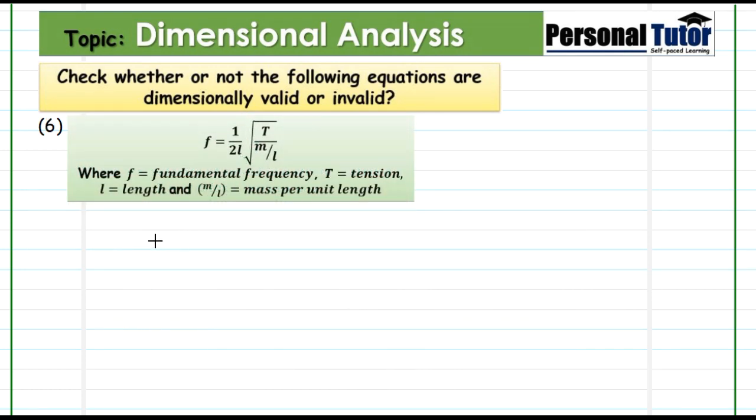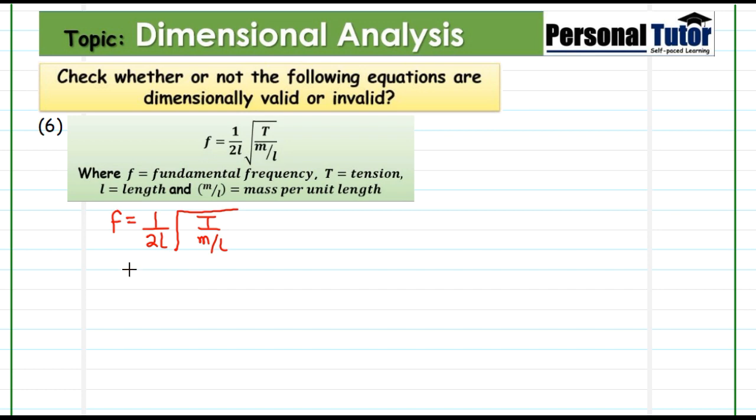Now, question number 6 and the last question in this series. The equation is F equals 1 over 2L square root of T over M over L, where F is the fundamental frequency, L is the length, T is the tension, M is the mass, but M over L is the mass per unit length. So they are together. Great.